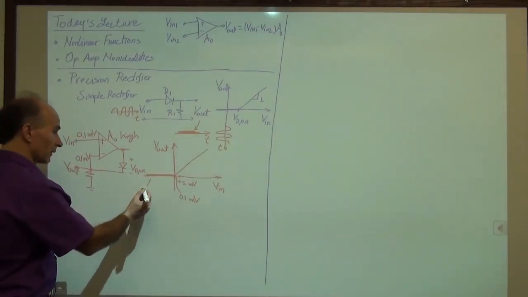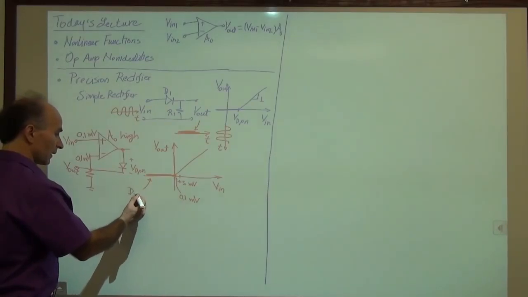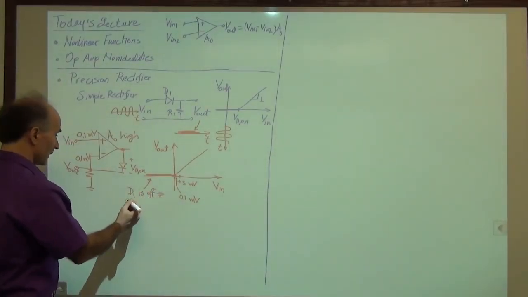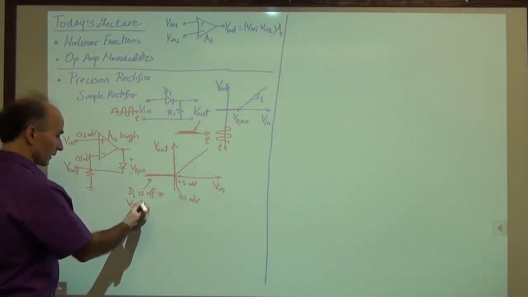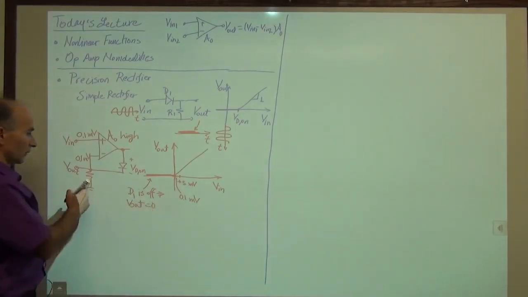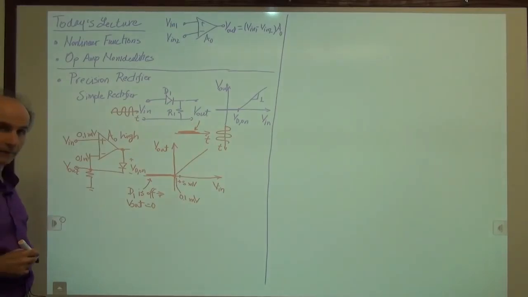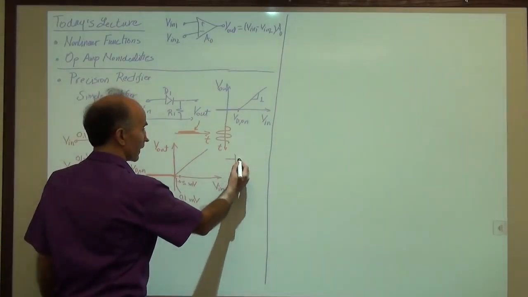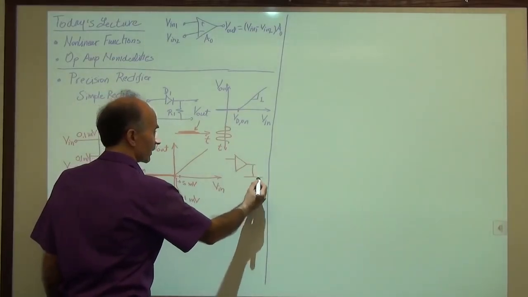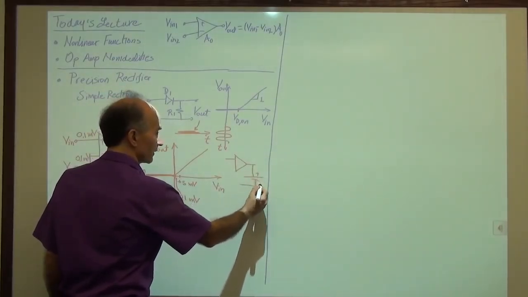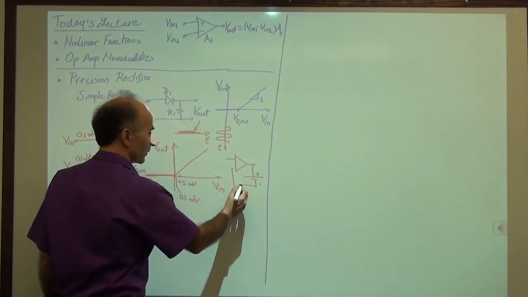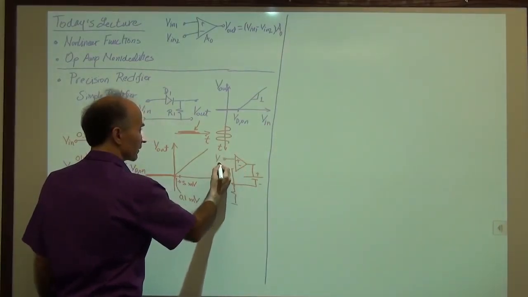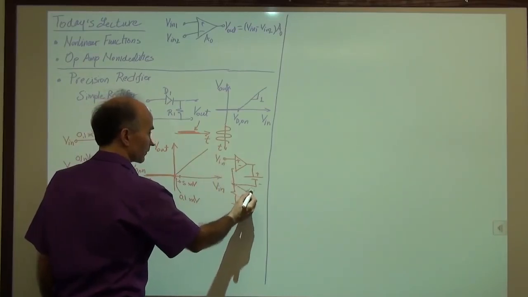All right, so here we see that D1 is off, and V out is 0 because there's no current available to flow through this resistor. Whereas in this regime, what we really have is this. We have the op-amp, we have a battery representing the diode, and then we have V in and V out.